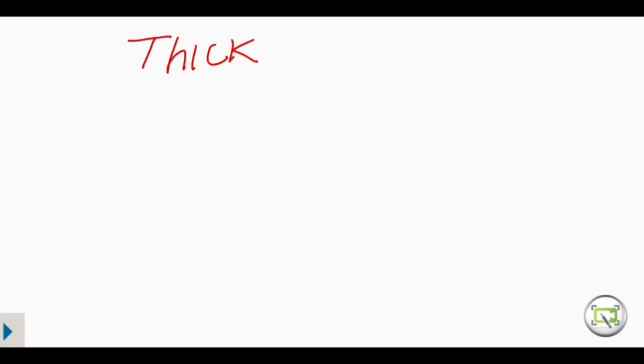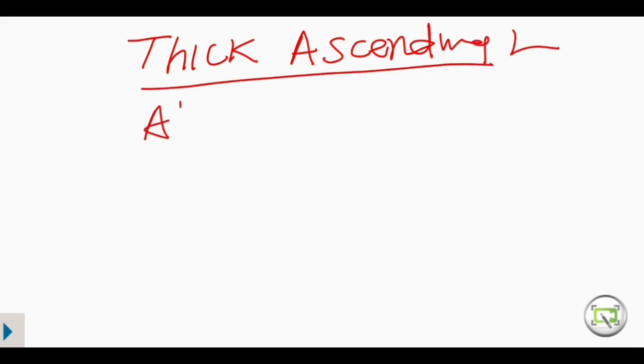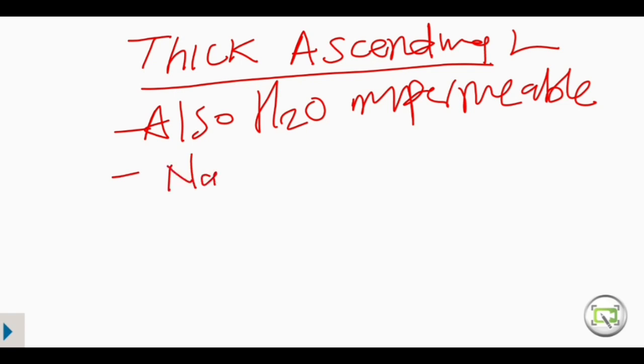So the next one is the thick ascending limb. The thick ascending limb is also impermeable to water, but it can reabsorb sodium, potassium, calcium, magnesium, and chloride. Sodium, potassium, and chloride use one channel whose driving force is the sodium potassium pump.